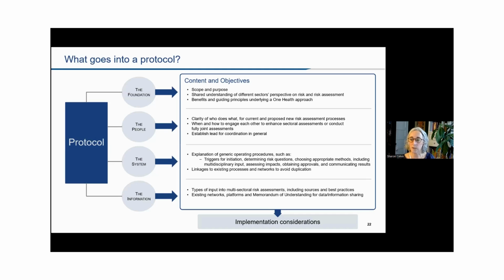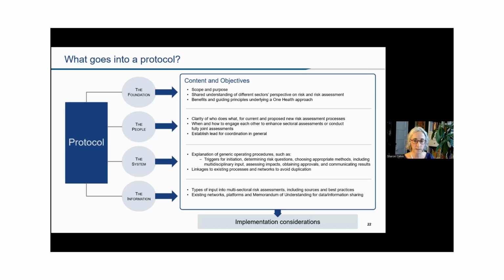In terms of what this protocol or framework or guidance, whatever we end up calling it, will look like, the first piece of it will be a foundation. So really talking about some of the scope that I've talked about already, the different sectors' perspectives on risk and risk assessment, and some guiding principles.